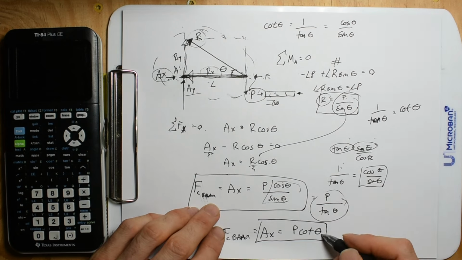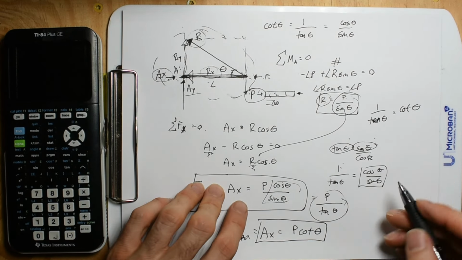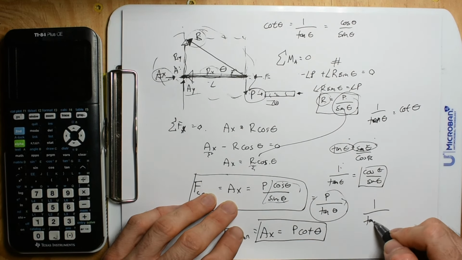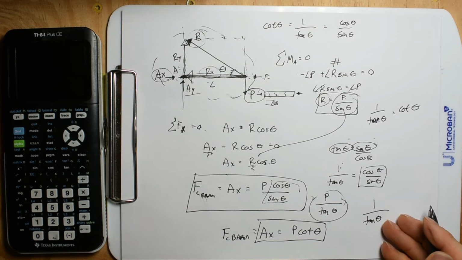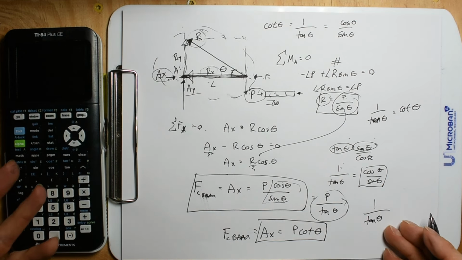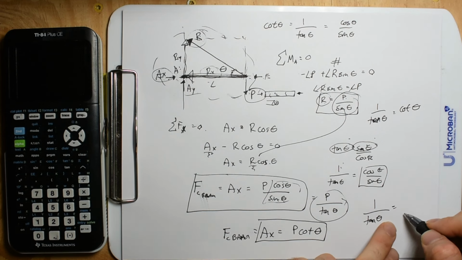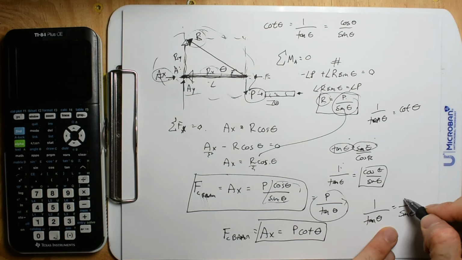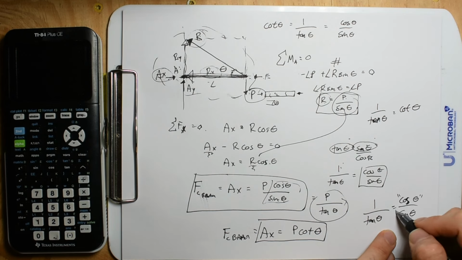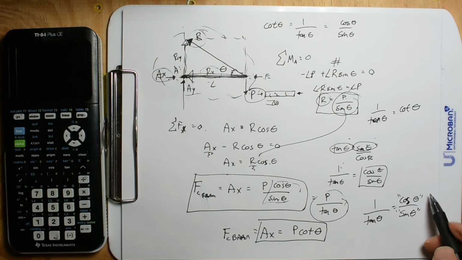But at least I know where it comes from. And at least for 1 over tangent theta, I have a button on my calculator. I don't have a button on my calculator for cotangent theta. And I like that you can turn that into cosine theta over sine theta, and we know where these terms are coming from.